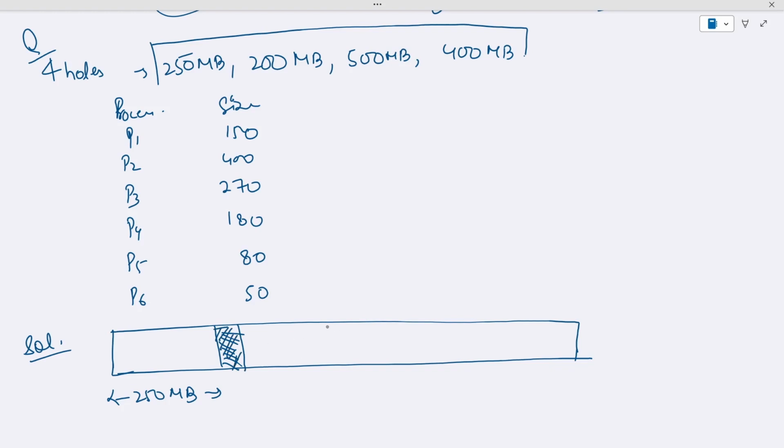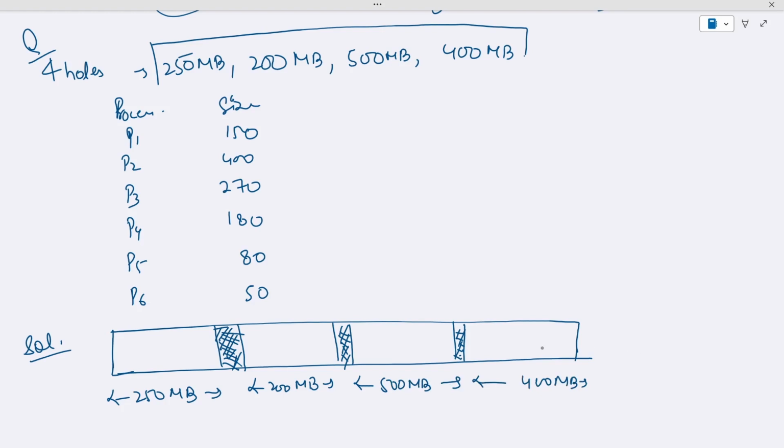Now after that, this block is of size 200 MB. Then again an already filled block. Then let's say that we have this part of 500 MB and this part of 400 MB. So we have these four parts.